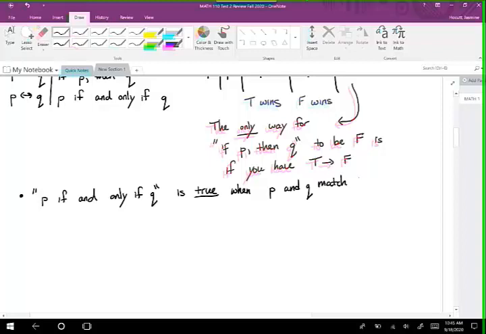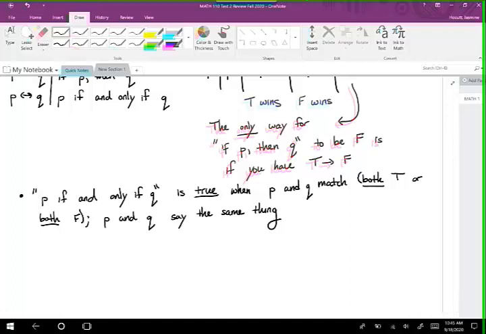In other words, if both P and Q are true, or if both P and Q are false, then that statement will be true. Basically the statement is true if P and Q say the same thing. Okay, so that's all of those truth tables and analysis of the truth values of a statement.